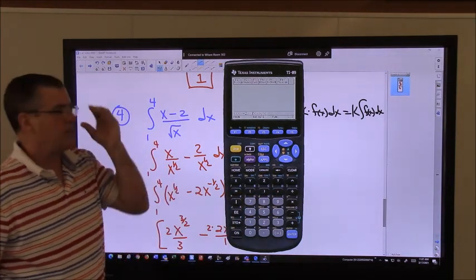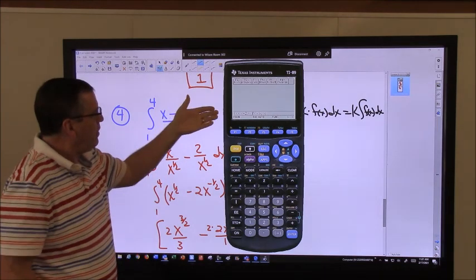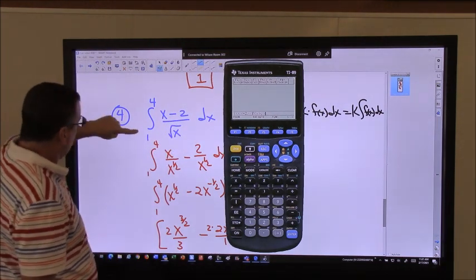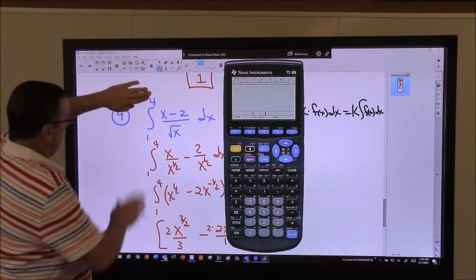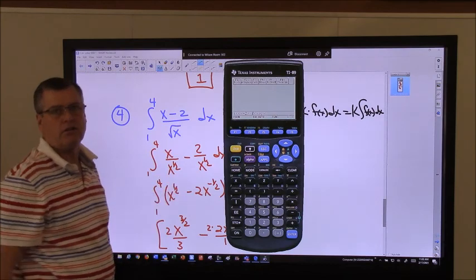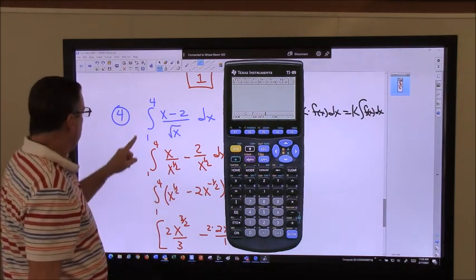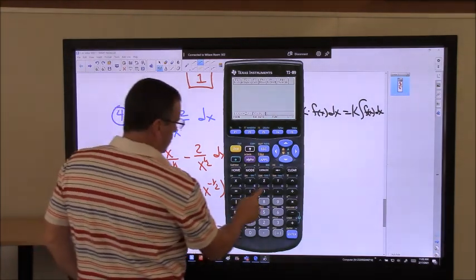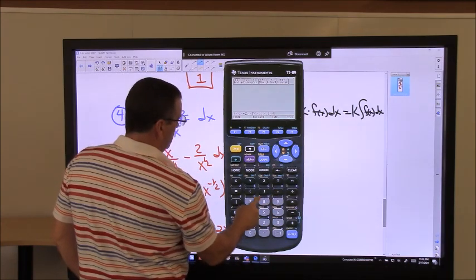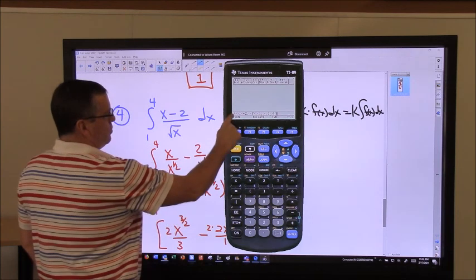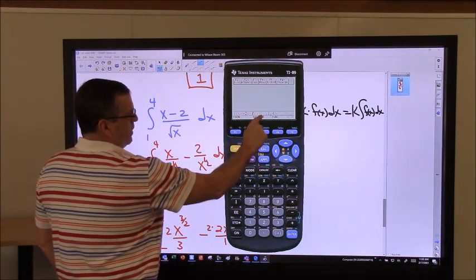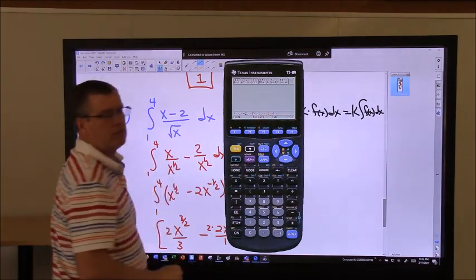That's the syntax needed for an integral to happen on the calculator. And where do you get these numbers? If those numbers weren't there, I would just do a parenthesis and hit enter. But if there are numbers there, then I go comma 1, comma 4, and then parentheses. So we're doing the integral of this expression with respect to x from 1 to 4.